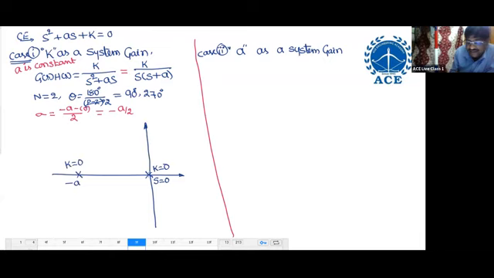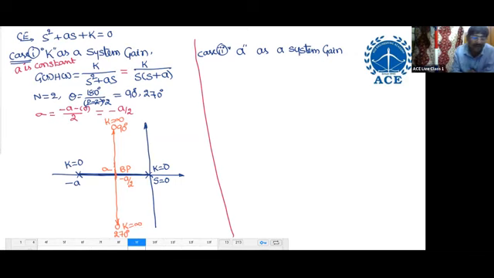Here there exists the root locus branch. The centroid is minus A by 2, and the break point will also be at minus A by 2. Number of asymptotes is 2. Along 90 there exists one zero, and along 270 there exists one zero, where K equal to infinity.